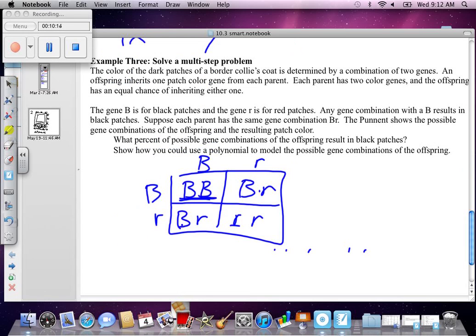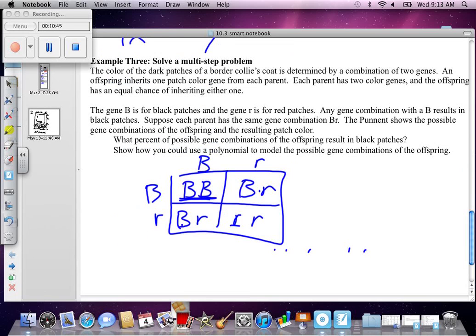You've probably seen Punnett squares before in your science classes. If we've got two border collies that we're breeding, one has a black and red gene, one has a black and red gene to make patches. The possibility of what their kids will look like is right here.